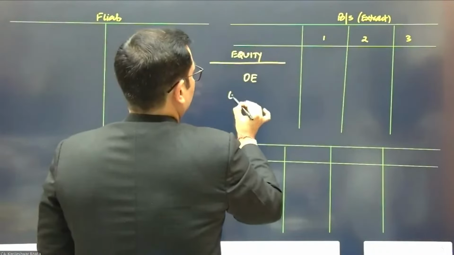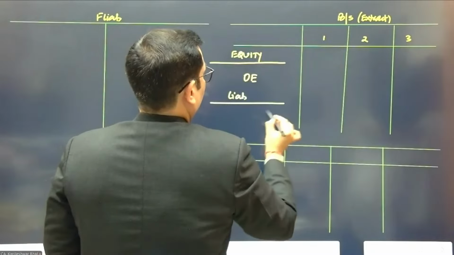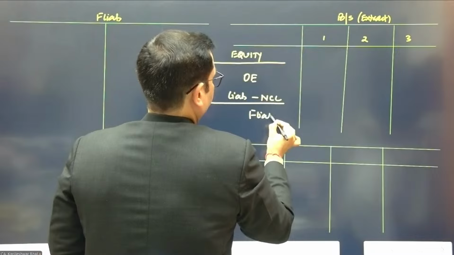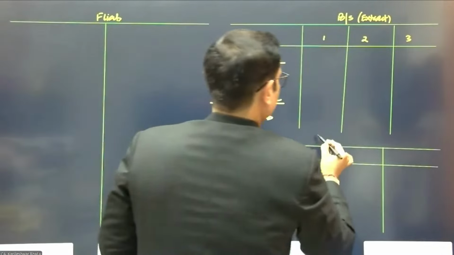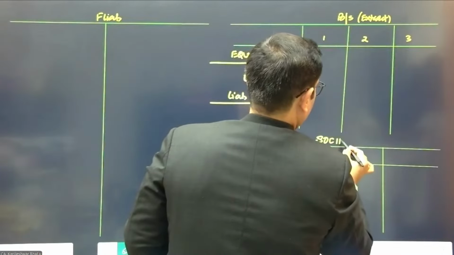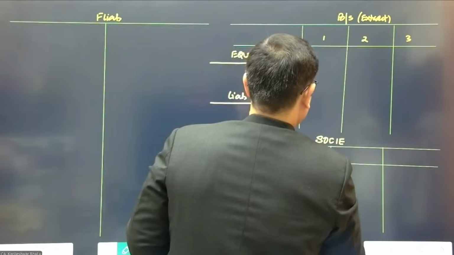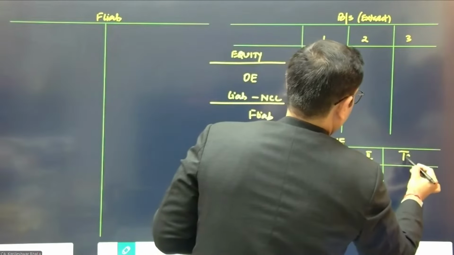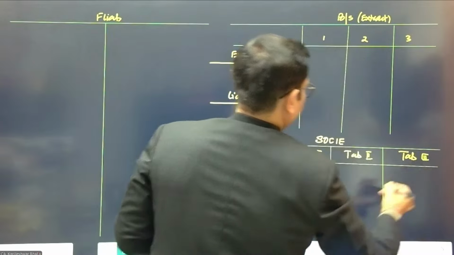And on the liabilities, we've got non-current liabilities, financial liabilities. And let's consider the SOCIE, the statement of changes in equity. This is my tab number 1, this is my tab number 2, and this is my tab number 3.